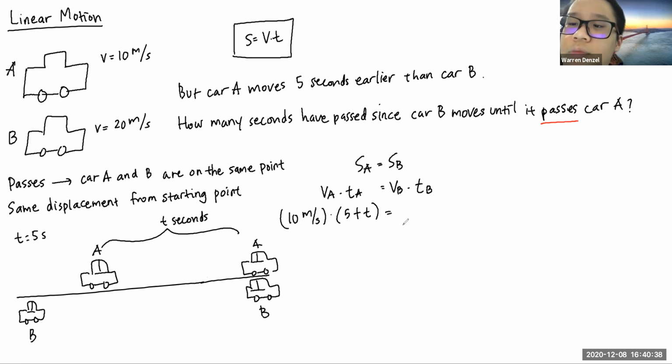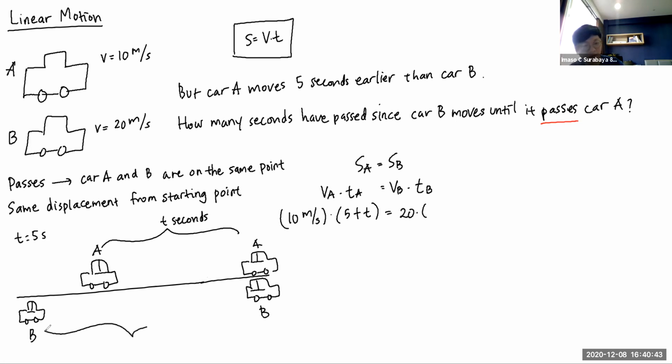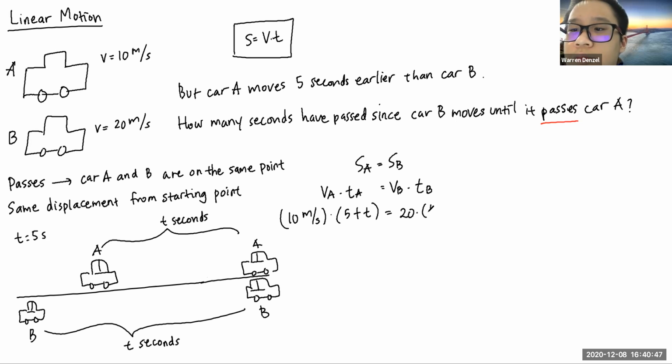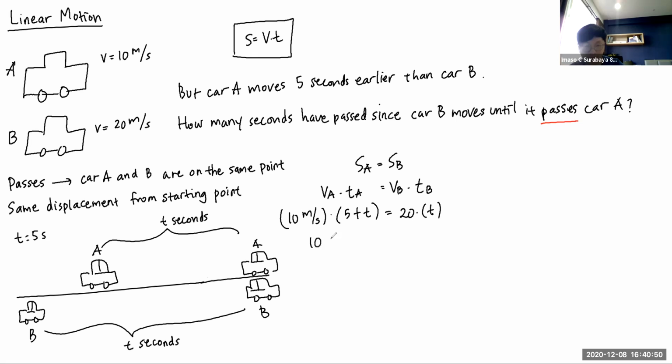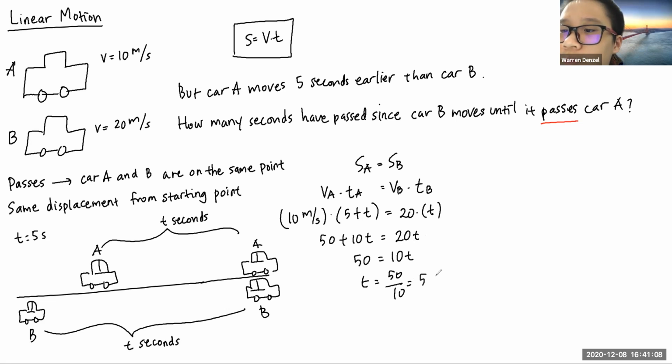So for VB equal to 20 times, this is also T seconds, right? So 20 times T. And then we can get 50 plus 10T equals to 20T. And so 50 is equal to 10T. So T is equal to 50 divided by 10, 5 seconds.